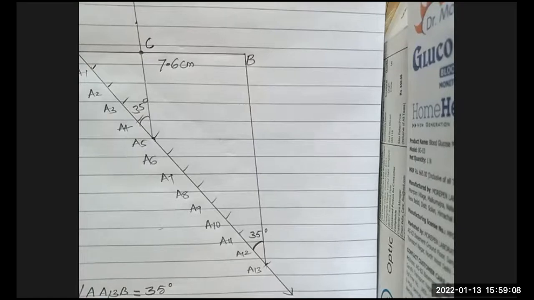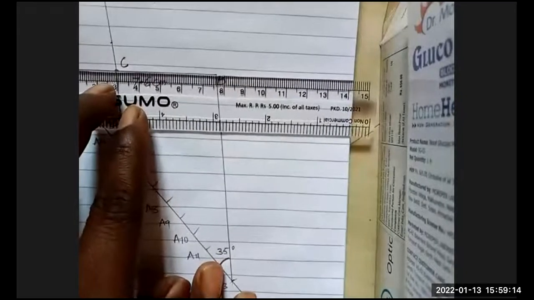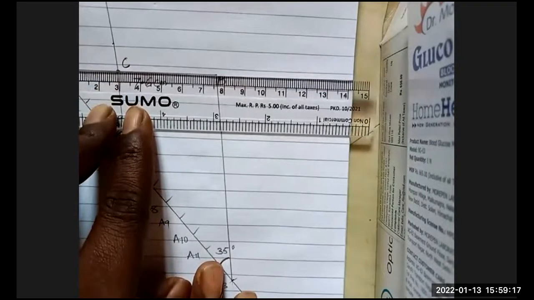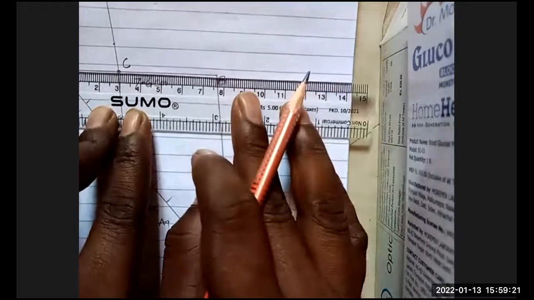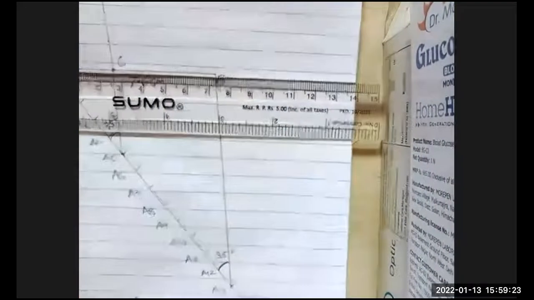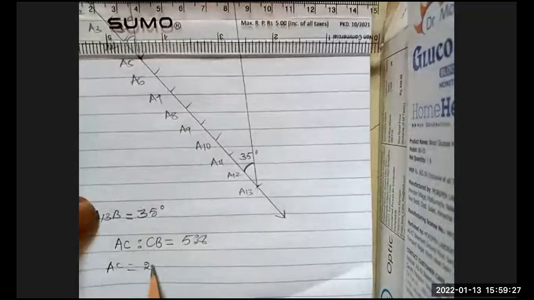So here we'll take the scale from A to C. As per my construction it's coming around 2.9. So I'll write here A to C, which is 5 parts, is equal to 2.9.